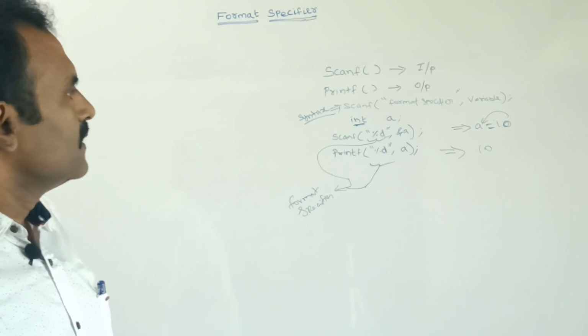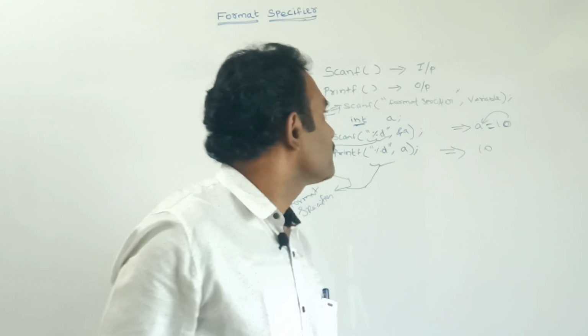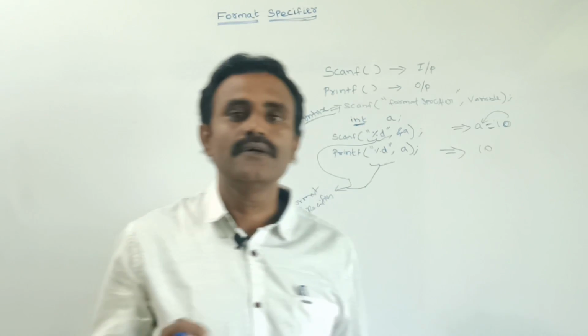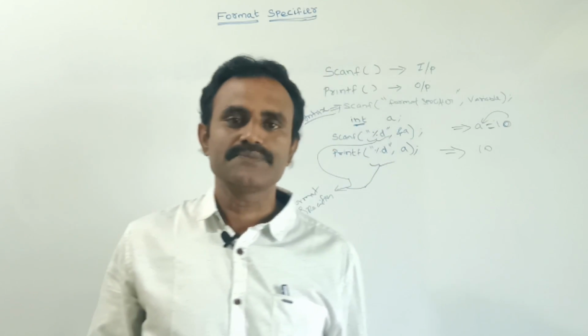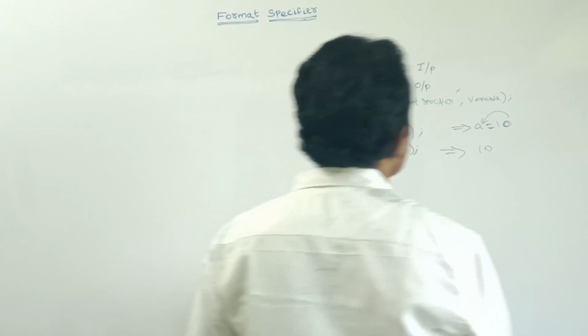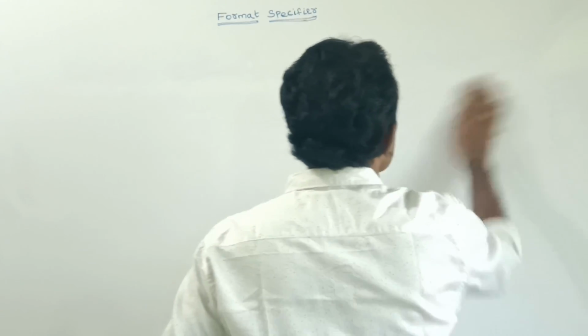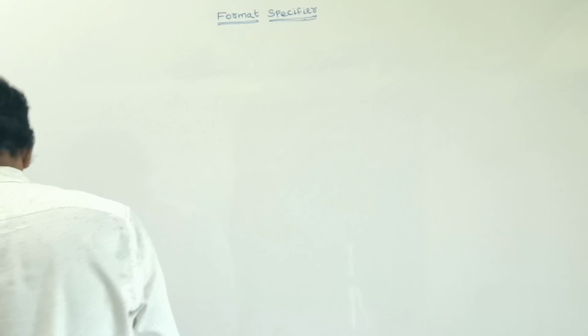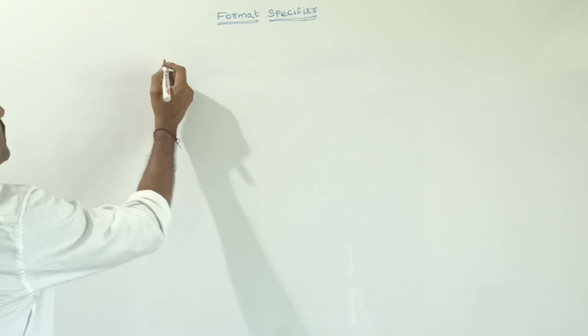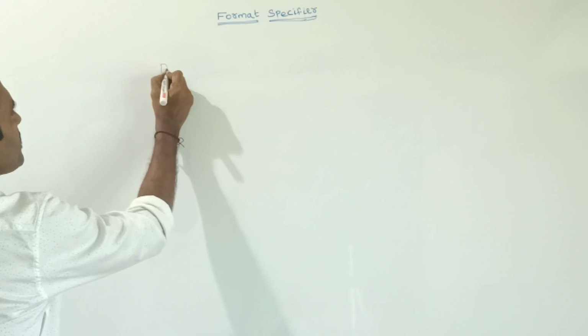Now let us see the format specifier of each and every data type. Each and every data type has a format specifier.